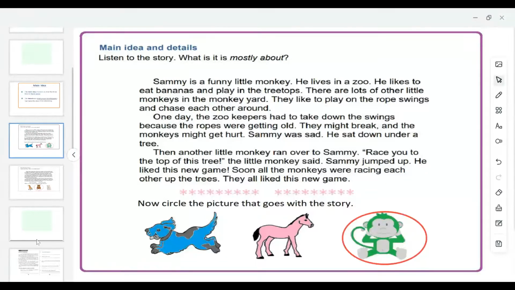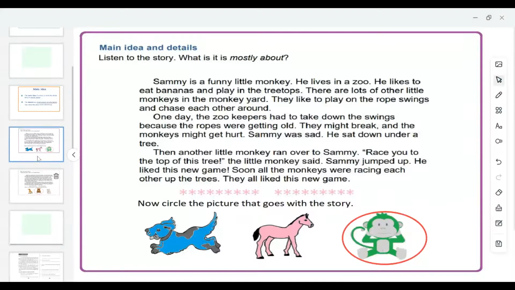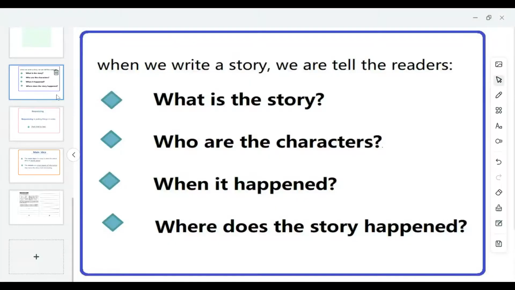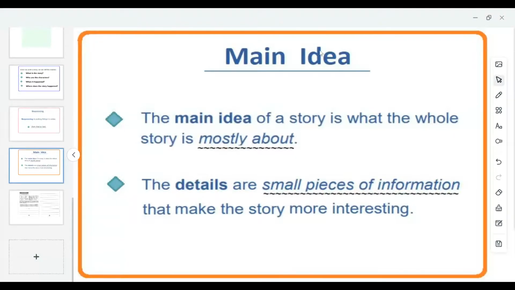Now, I will repeat again. When we write a story or when we read a story, we want to know what is the story, who are the characters, when it happened, where does the story happen. We also want to know the main idea.